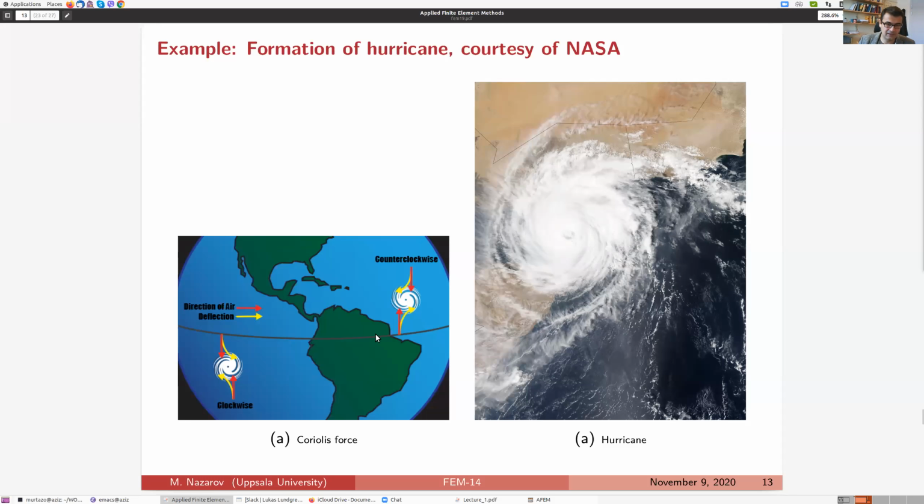So this is also a physical process, which says that this is the equator line. If you go to the north part of this equator, because of this force, the rotation of these vortices, let's say in the air you have cold and warm temperatures.